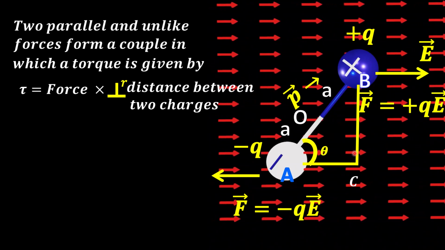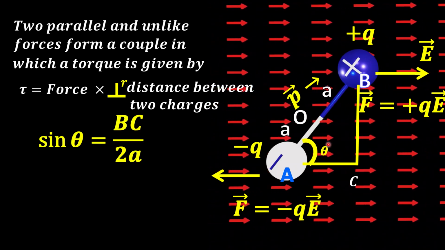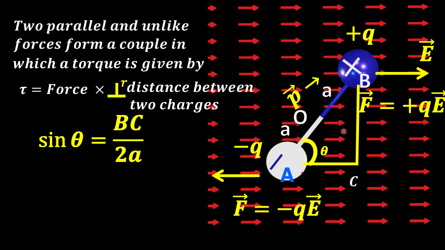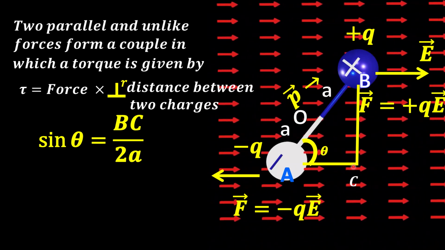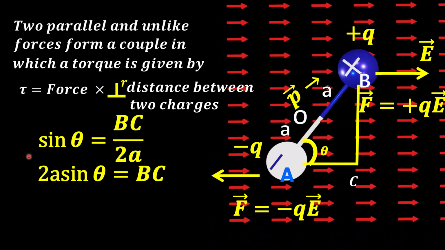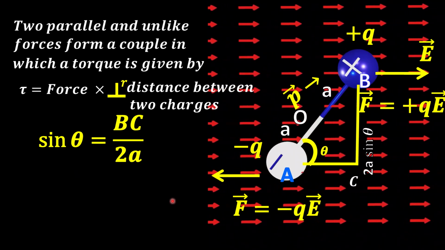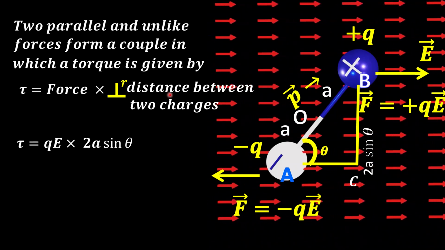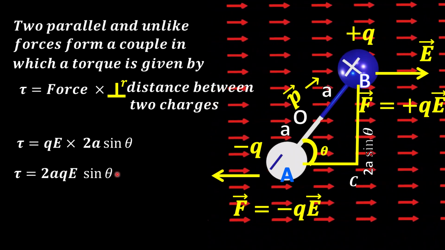So we use the trigonometric ratio, that is sin theta is equal to BC by hypotenuse, that is opposite side by hypotenuse. Opposite side is BC, hypotenuse value is 2a. So bringing this 2a to the left hand side, we get BC value, that is 2a sin theta, which is equal to the perpendicular distance.